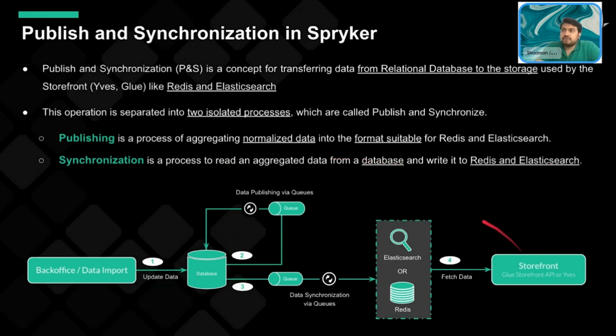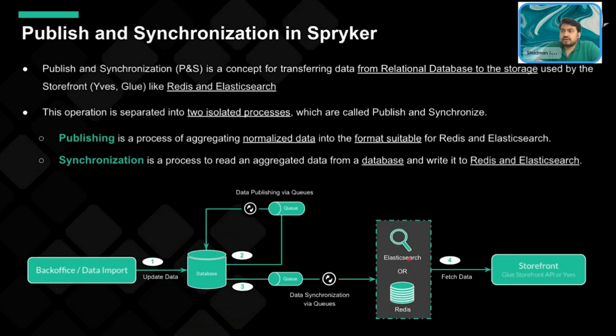If you see the diagram, this can help you understand how things work inside publish and synchronization. The main points are the storefront and the back office. The back office uses the database directly because we have to perform different operations, and the storefront uses Elasticsearch and Redis.